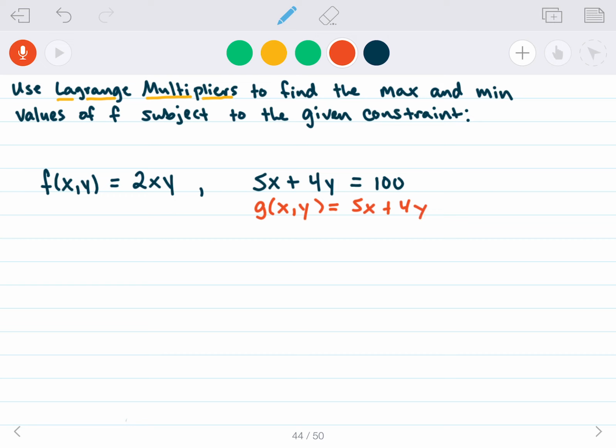Okay, so let's go ahead and use our gradient equations. We have gradient of f is equal to lambda times gradient of g. So the gradient of f is going to be the partial derivative with respect to x, which is just 2y, and the partial with respect to y is just 2x.